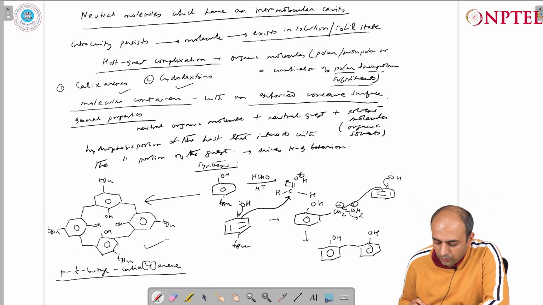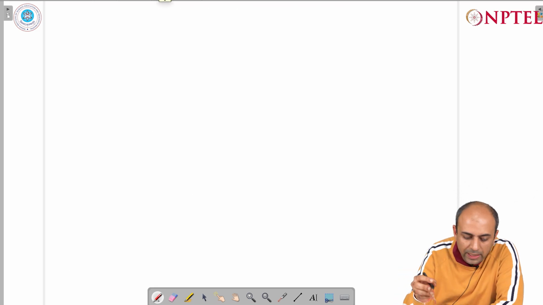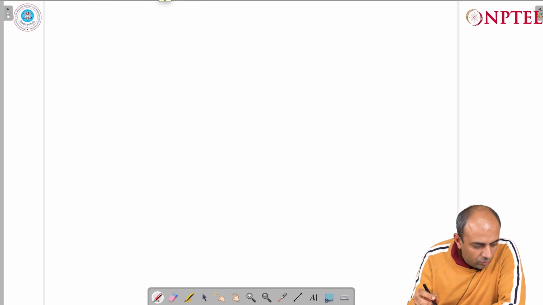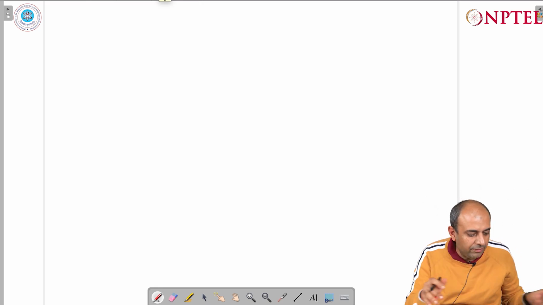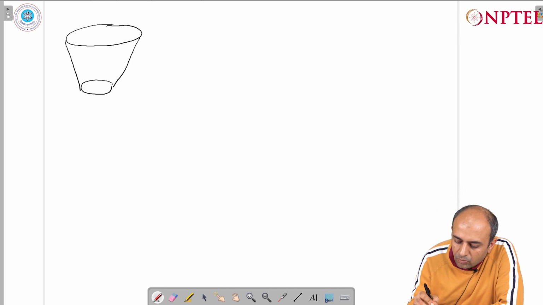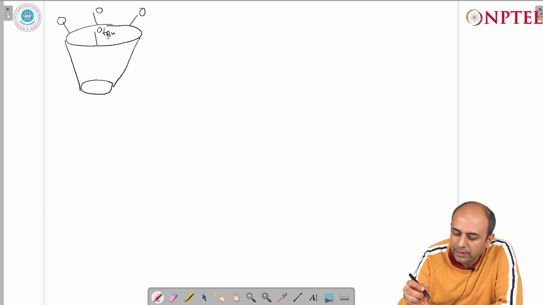Now, this calixarene which is formed has the tertiary butyl group which is present here.